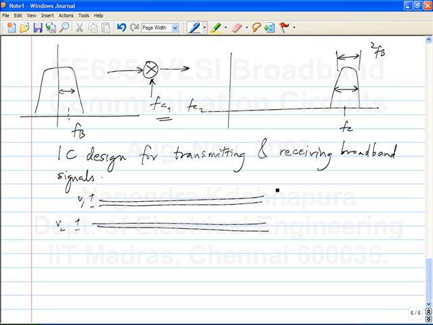Now ideally, V3 should be related only to V1 and V4 should be related only to V2. But if these two pairs of wires are close to each other, there will be some interaction between the two. For instance, there will be a parasitic capacitance between this wire and these two wires and so on. So there will be what is known as crosstalk.